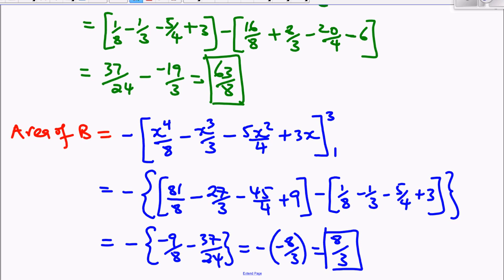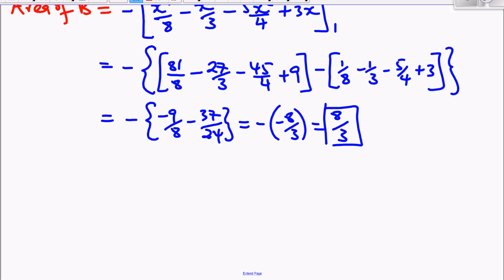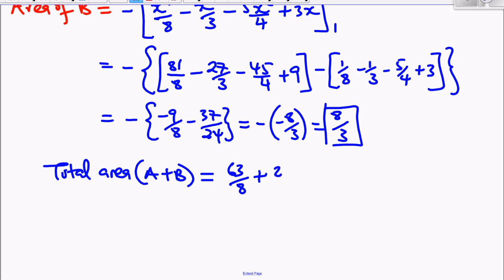Now what we want is the total area. So the total area, which means A plus B, will be 63 over 8 plus 8 over 3, which gives us 253 over 24, and that will be our final answer.